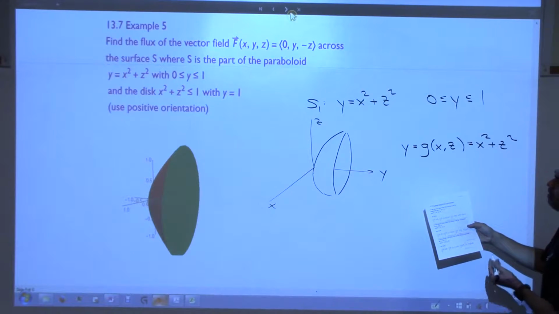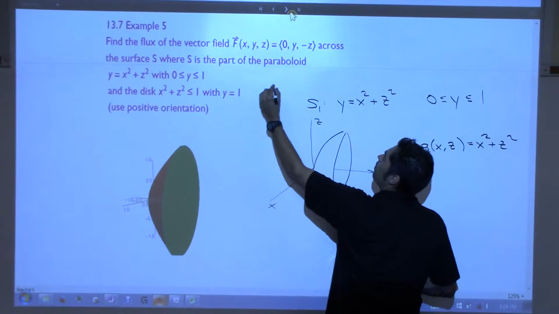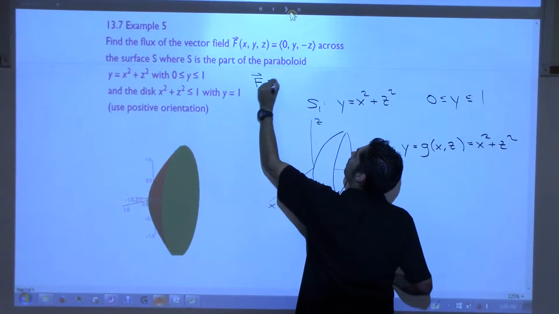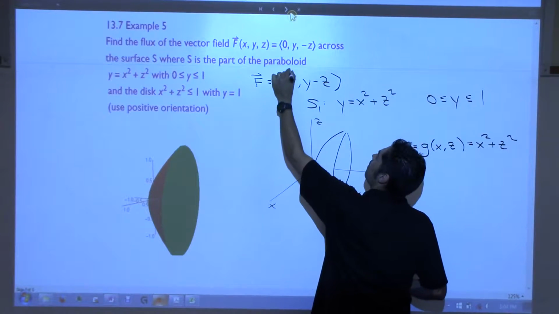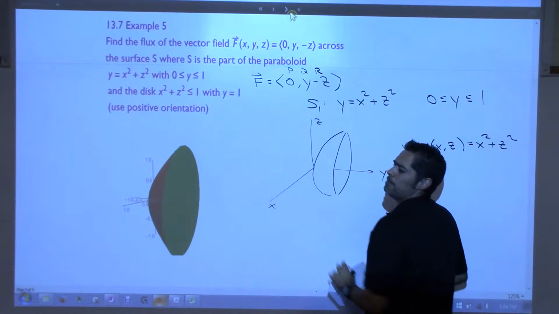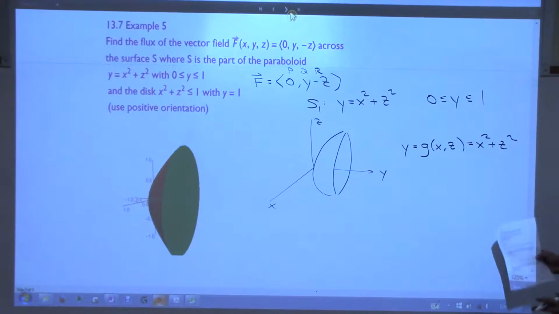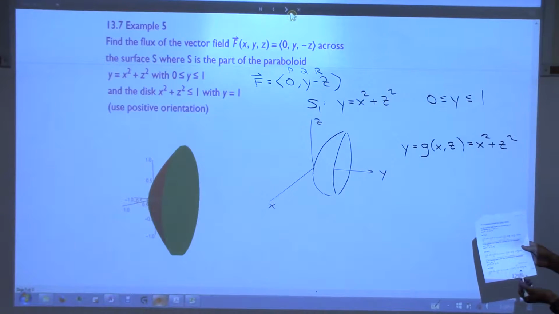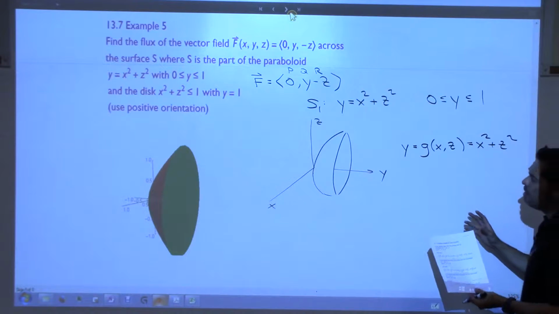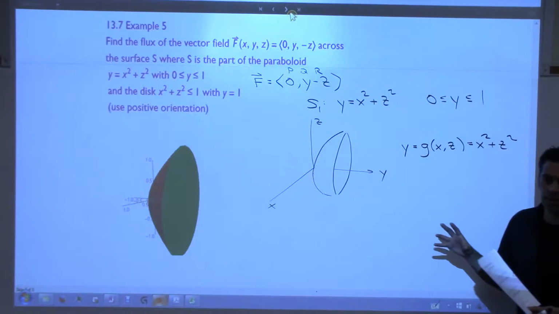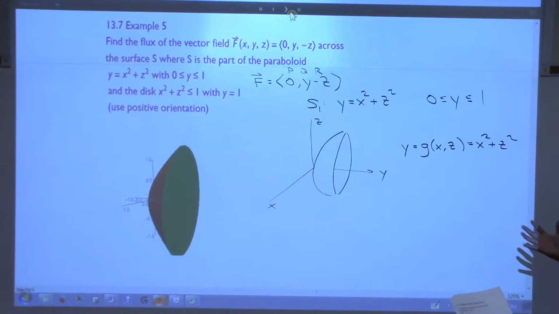And our F in this problem is this vector field. I'll put it right here. F is 0, y, negative z. That's our P, our Q, and our R, isn't it? That's P, Q, R. And so what we need to determine before I figure out which formula I'm going to use here, or we already know which one, but how I'm going to orient the signs, is I need to ask myself whether or not the normal vectors for this surface are going to be pointed to the left or to the right from our viewpoint.